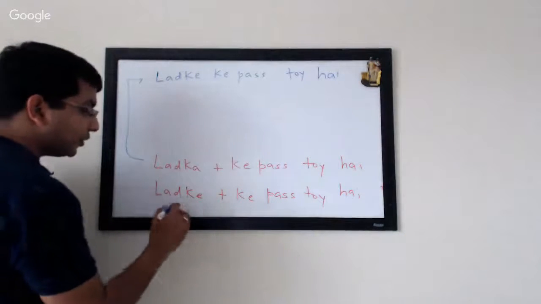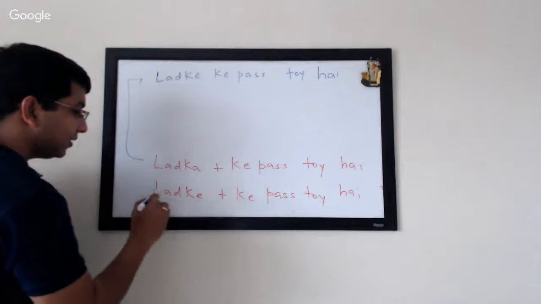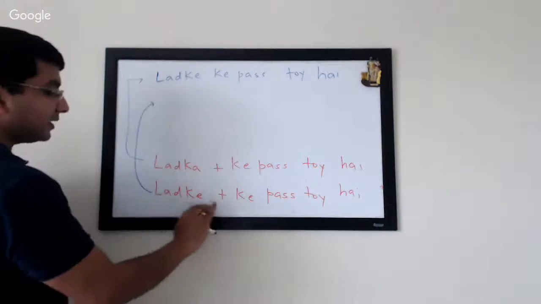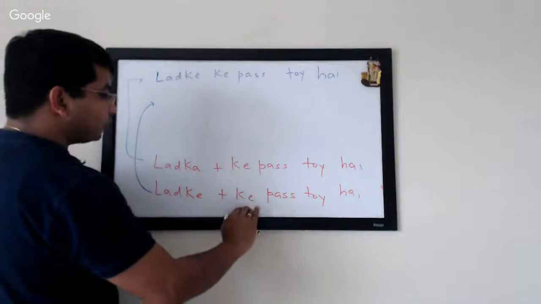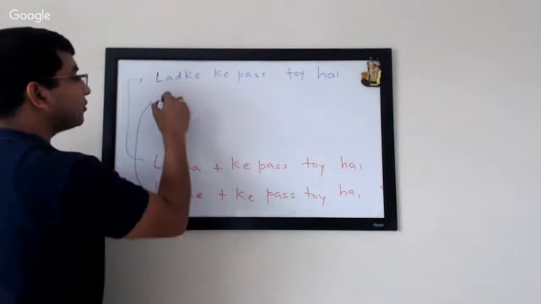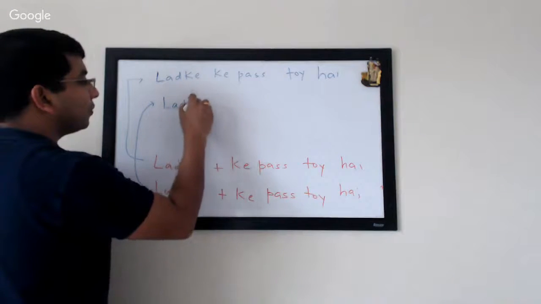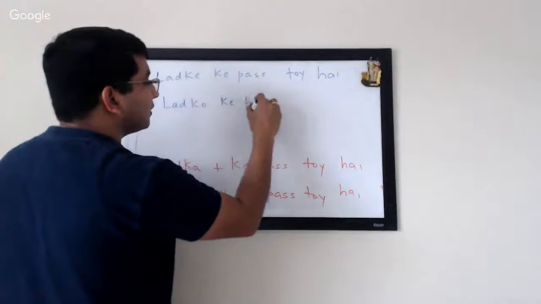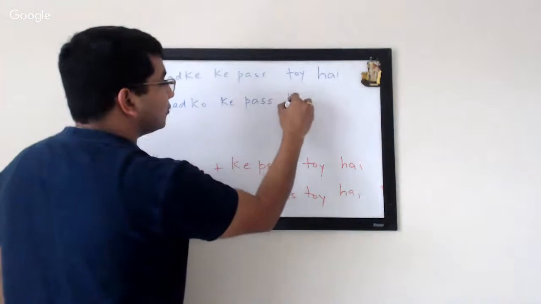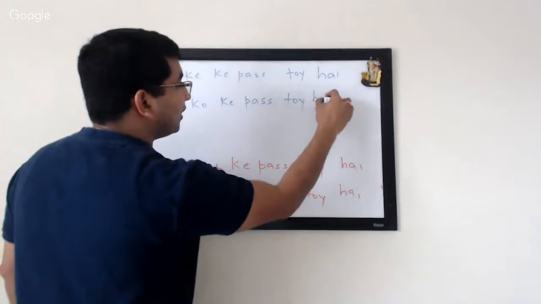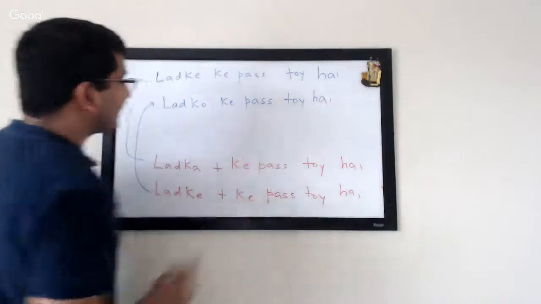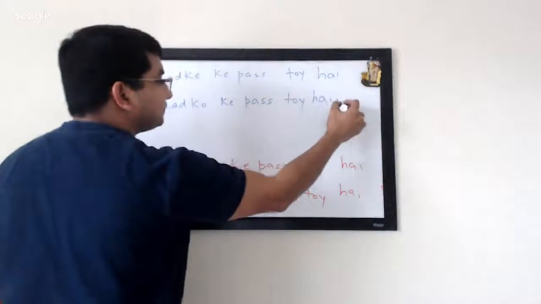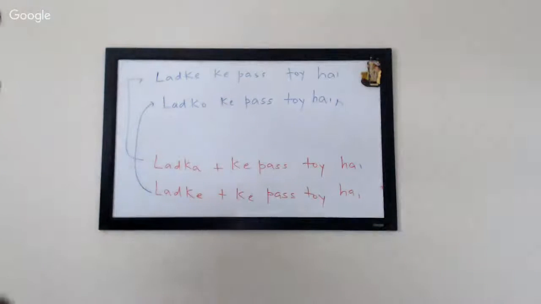And in this one, where you have लड़के plural, even though it's plural, because you have a postposition, लड़के becomes लड़कों. So it will be लड़कों के पास खिलौना है. So that's the second one.